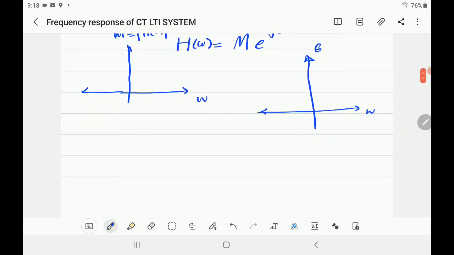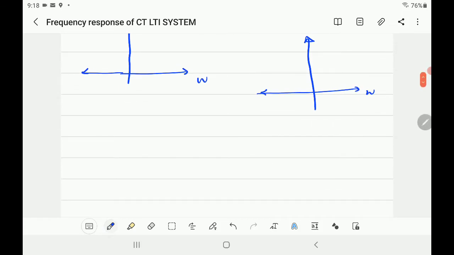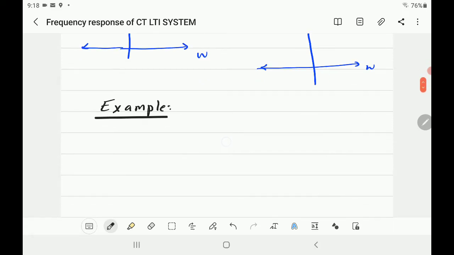Great. Let's take a simple system and see how we can implement the theory with it. Let's assume that we have a linear time invariant system and its impulse response in frequency domain is equal to 1 over 1 plus j omega.